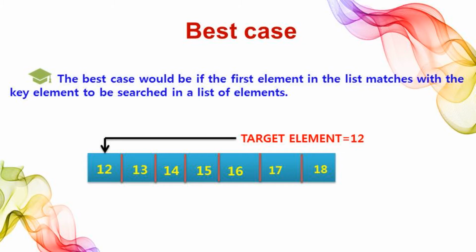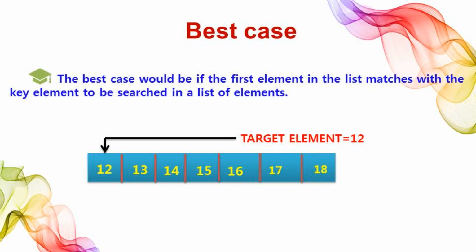The best case is if the first element in the list matches the key element to be searched. Here the efficiency is expressed as big O of 1, which means only one comparison is enough. So it can reduce the running time as well as the storage space.